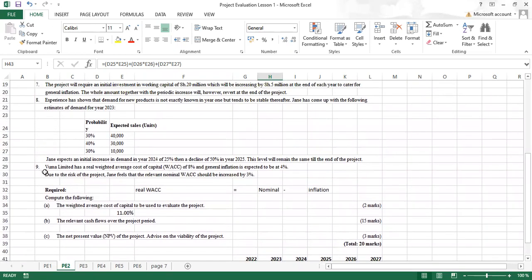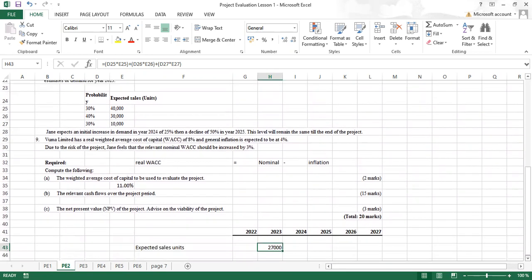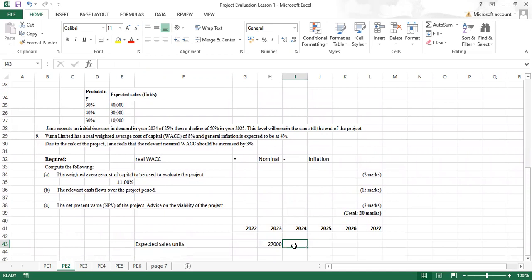And Jen expects an initial increase in demand in the year 2024 of 25%. So 2024 equals the 2023 times 1.25, control enter.